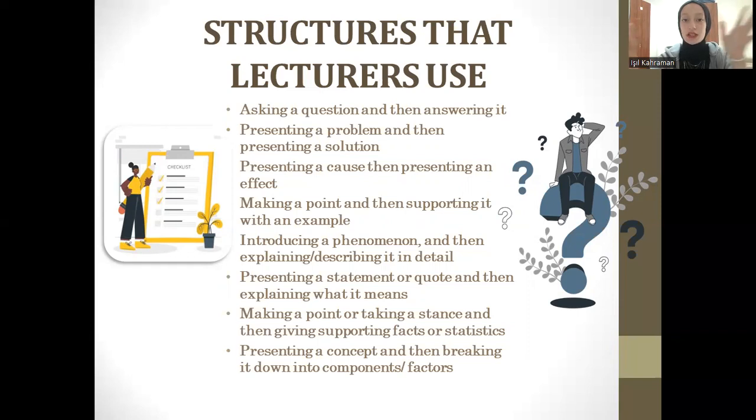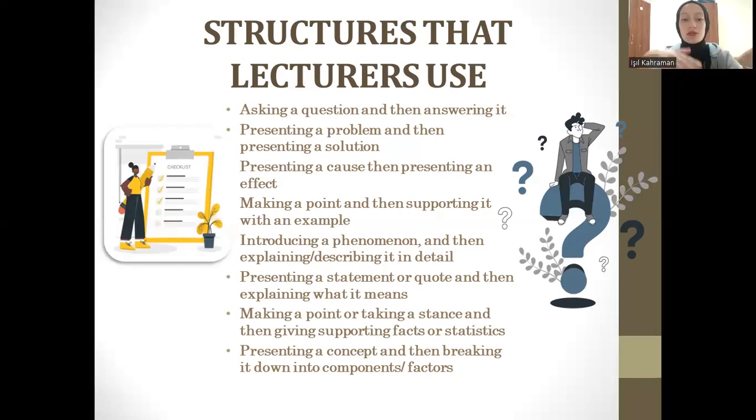And there are some structures that lecturers use to present to their students or listeners in a lecture. I'm going to say: asking a question and then answering it with a full explanation, then presenting a problem, then presenting a solution. Others are presenting a cause, then presenting an effect.